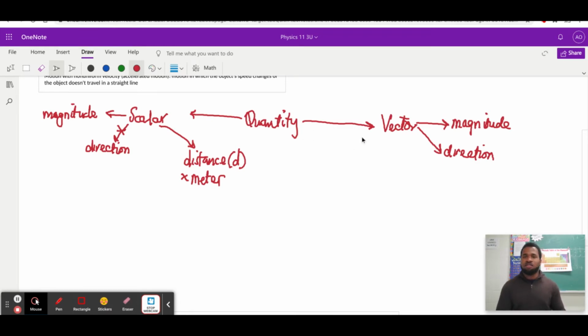However, on the other side, a vector example involves the use of a position description, and the position, which is expressed as D with the vector arrow sign on top of it, is connected really well to another specific vector quantity, which is called displacement.